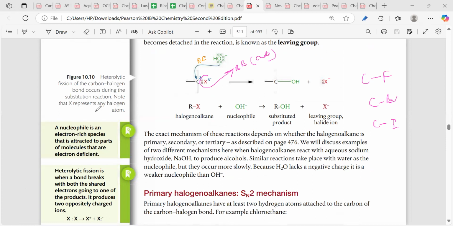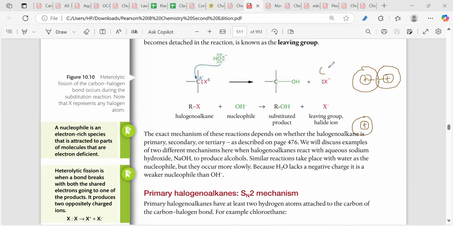And how do you tell about the weakest bond in a particular covalent compound? If the shared pair of electrons is closer to the nucleus... this is C-F. In C-I, what happens? C-I is this.